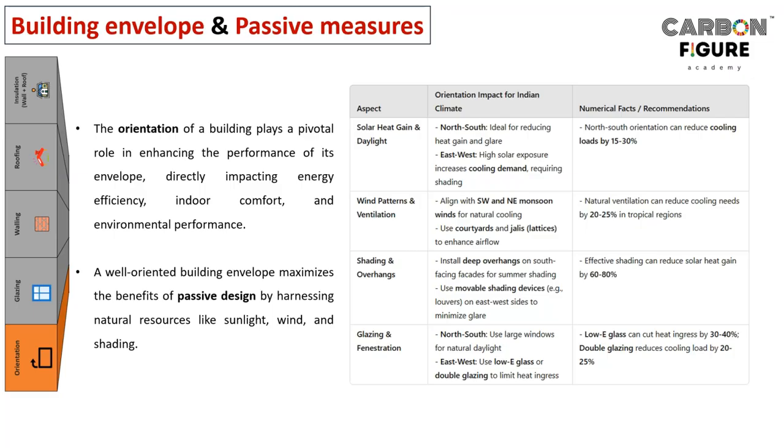Low emissivity and higher emissivity will be applicable for different requirements, depending on which side of the building holds that particular glazing. Accordingly you can choose between low E and higher E glass, right?